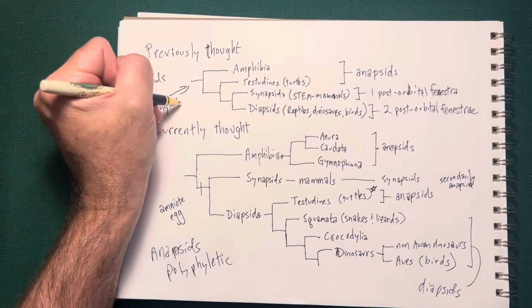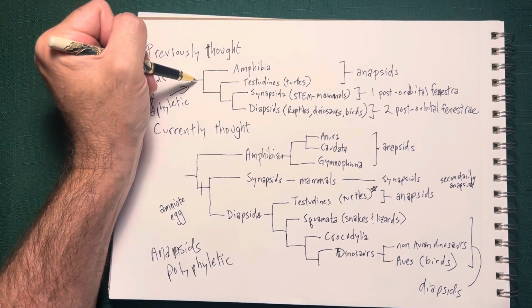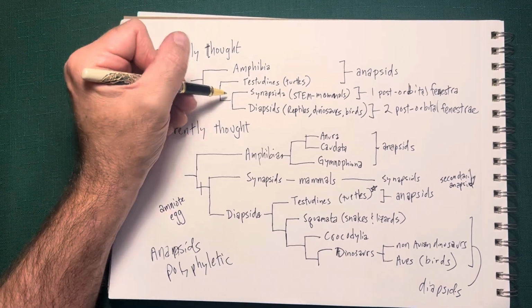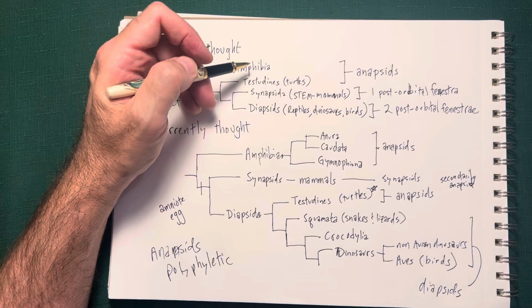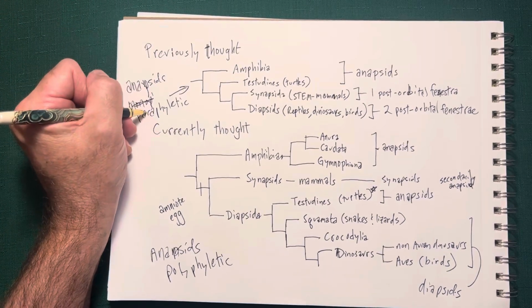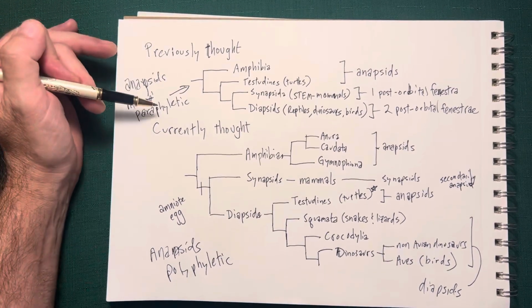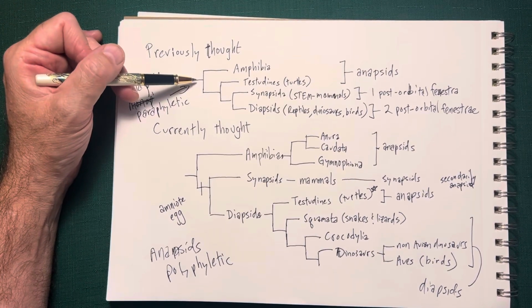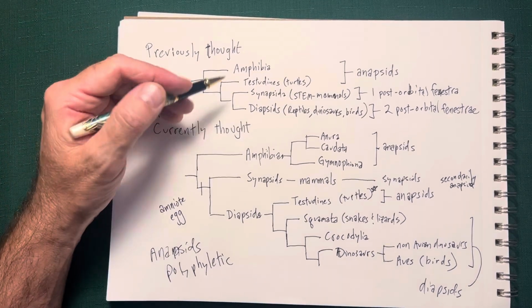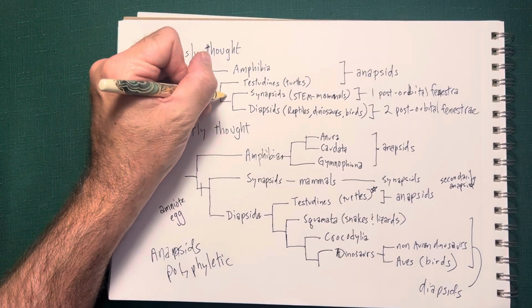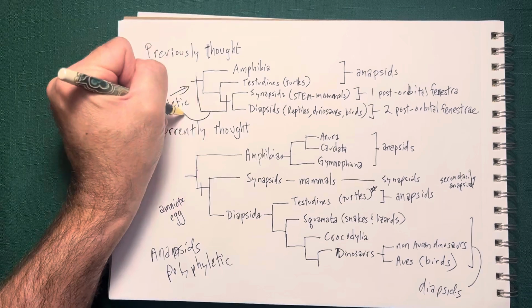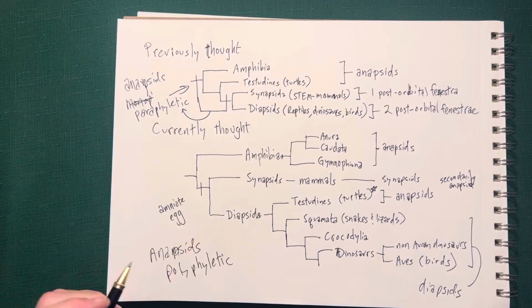Right? Because the common ancestor of all anapsids would have been back here, but we would have had to make this second cut here to remove the testudines. So here's a case of paraphily. Common ancestor has the characteristic, but not all of the descendants. So we cut here and here to form anapsida. That's paraphily.